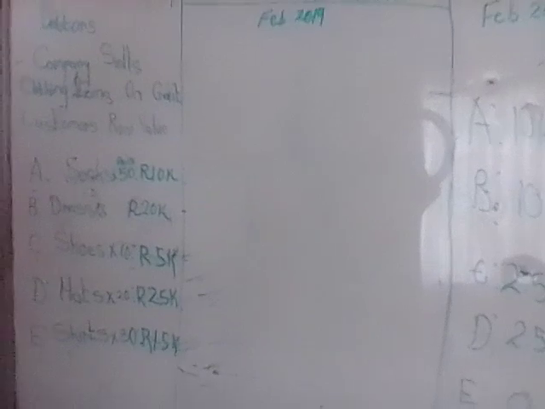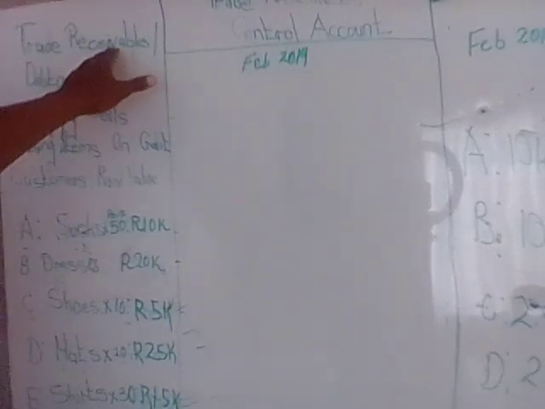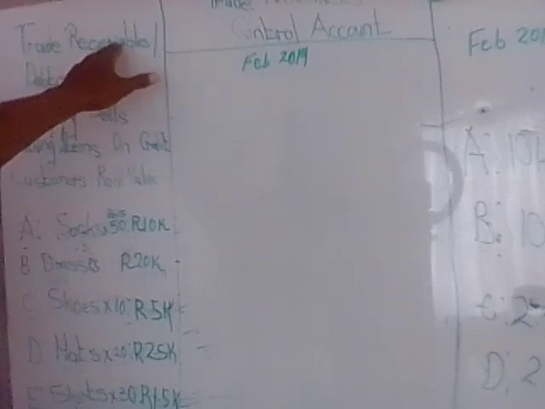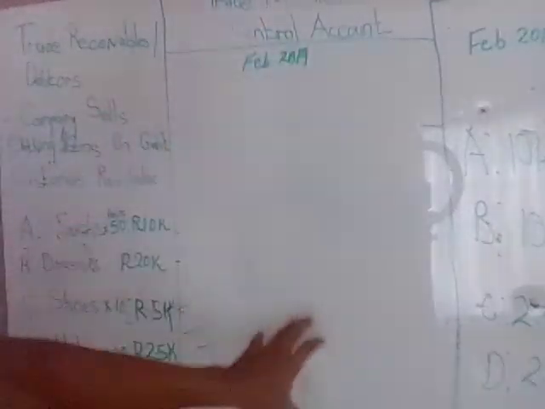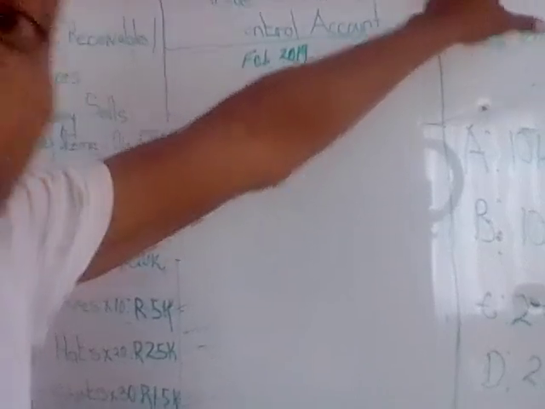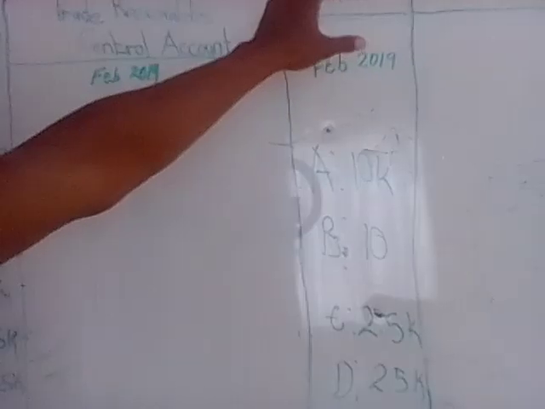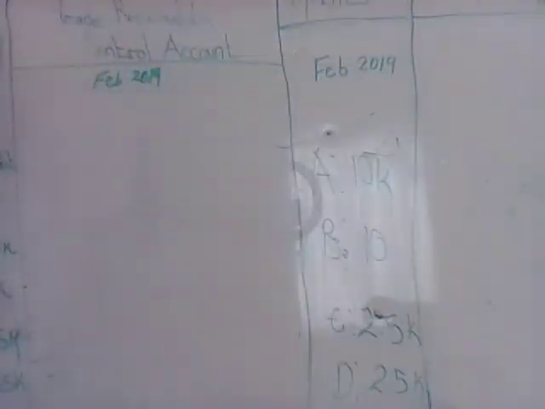On the whiteboard, we've dotted down a few things just to save time and to drive a few points home. On this side, I've dotted down a header which reads trade receivables / debtors. Here I've got a trade receivable control account, and when we move over to this side, I've tackled payments, and the one next to it is titled trade debtor balances.